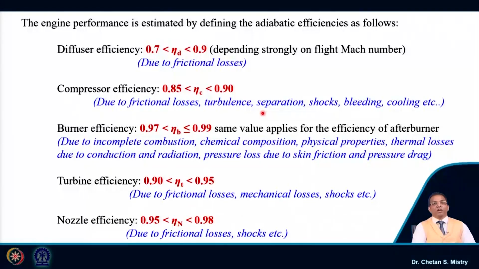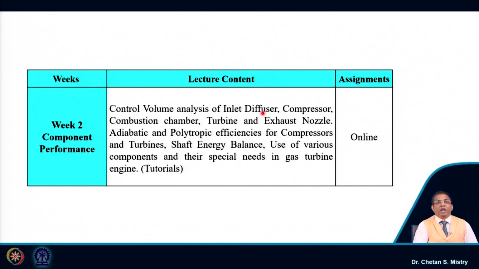So, here we are stopping with our second week. Let us try to conclude what we have discussed. In the very first week we were discussing the performance assessment. Now, slowly we are moving towards the control volume approach for different components: the inlet diffuser, compressor, combustion chamber, turbine, and exhaust nozzle.